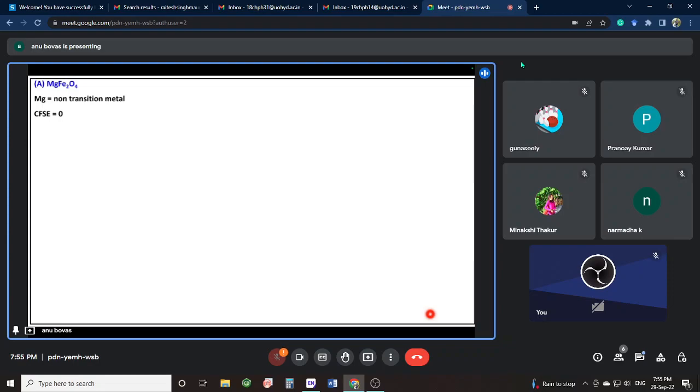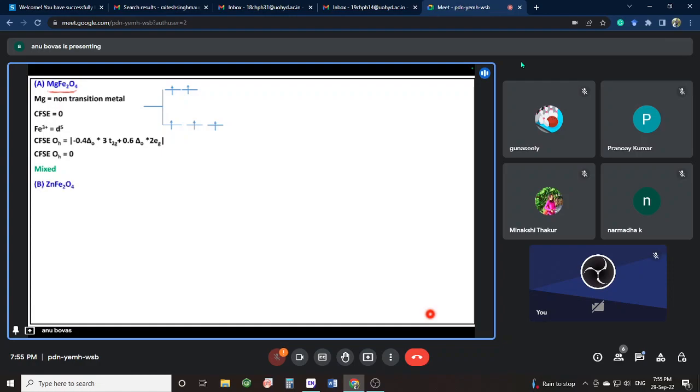Fe3+, we already calculated the CFSE. D5, right? It is also 0. In such a case, when both the metals have the same CFSE, what kind of spinel will it be? Mixed. Mixed spinel, correct.